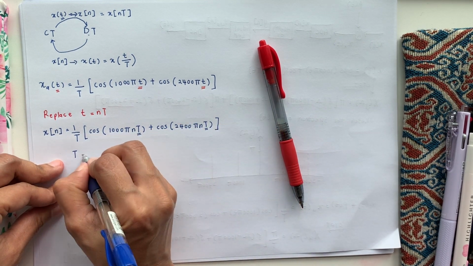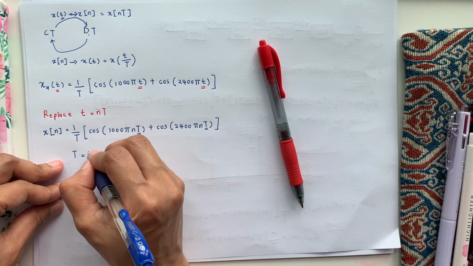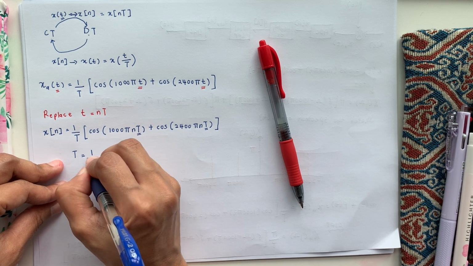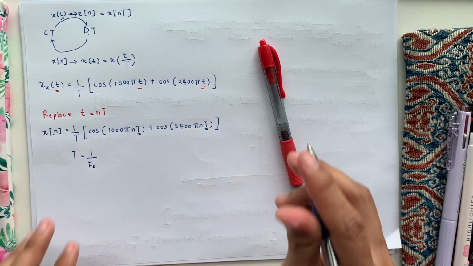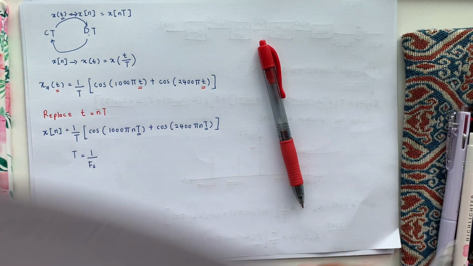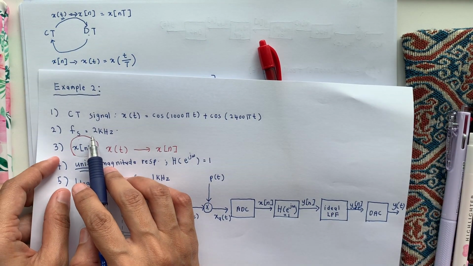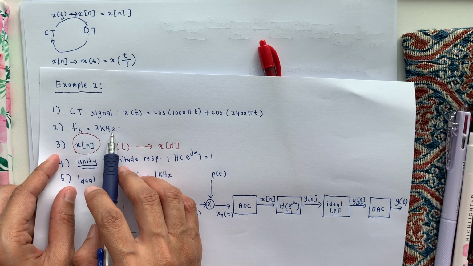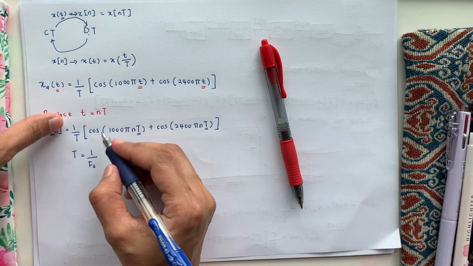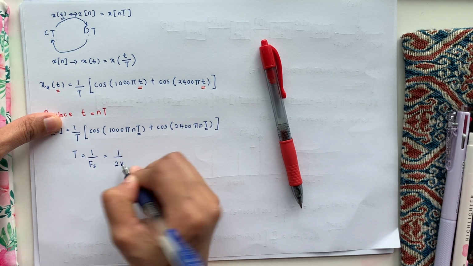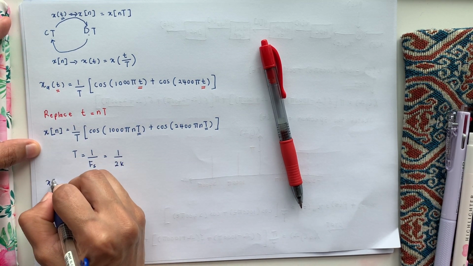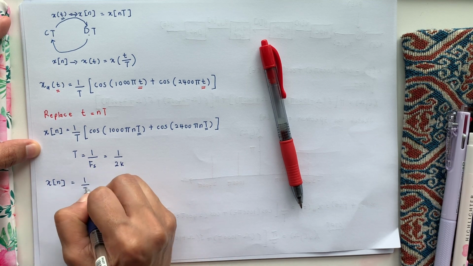T equals 1 over Fs. Go back to your question. Your Fs equals 2000 kilohertz. So 1 over 2k. So your x[n] is equal to this.